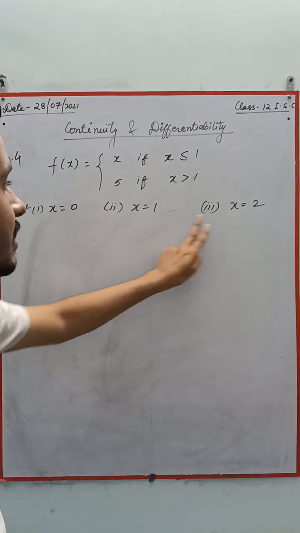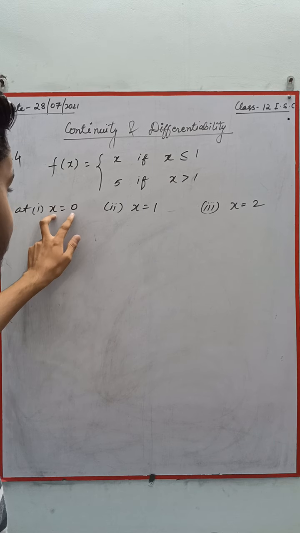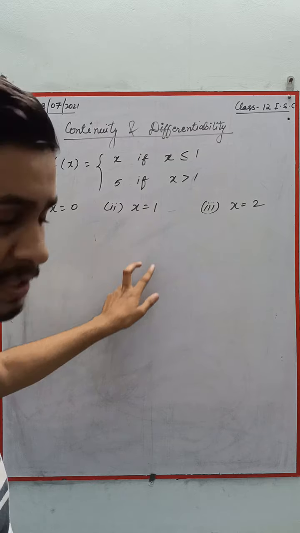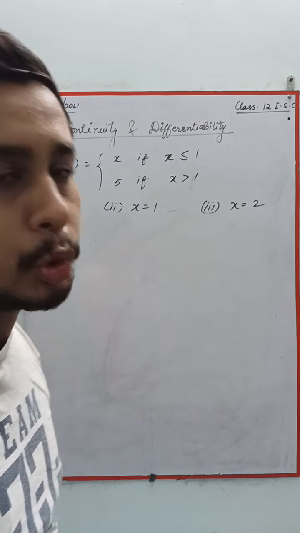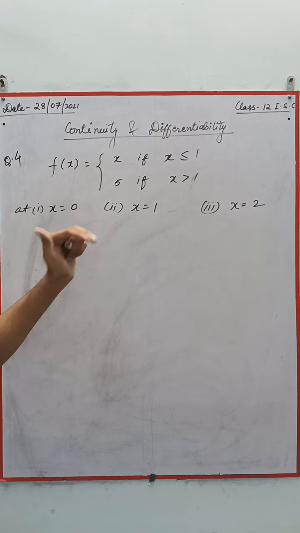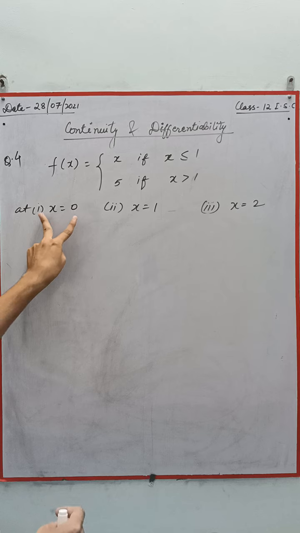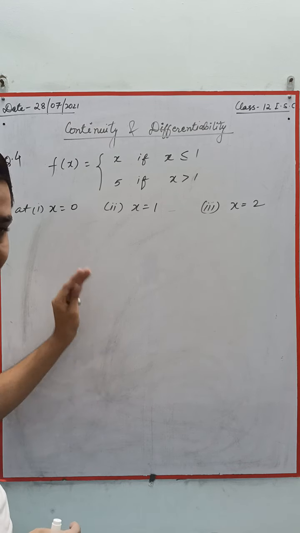Now you have 3 sub-questions in it: for this function, is it continuous at x = 0, is it continuous at x = 1, or is it continuous at x = 2? We have to check. So how will we start, what will be our approach? For this one we will have a particular algorithm.